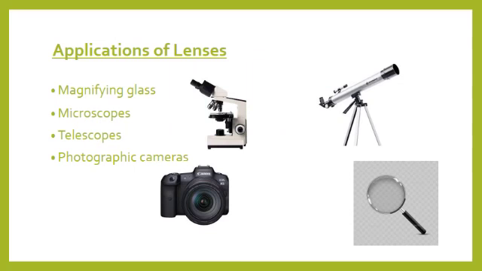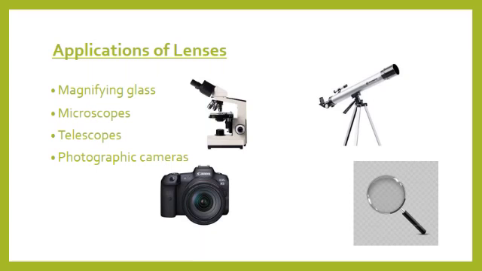Now applications of lenses. Lenses can be used in different ways in our day-to-day life. They are used as a magnifying glass or reading glass, and the human eye has a built-in lens that plays an important role in its functioning, and lenses are also used in microscopes.